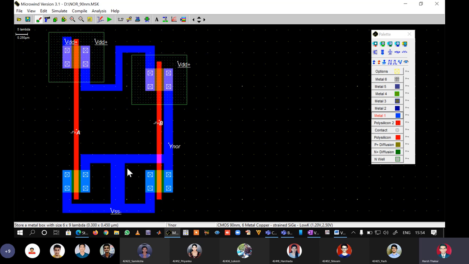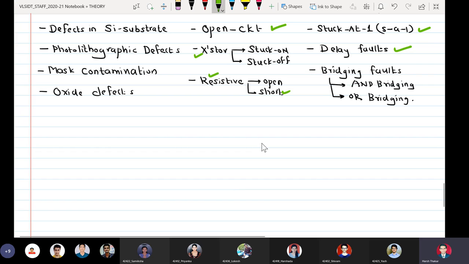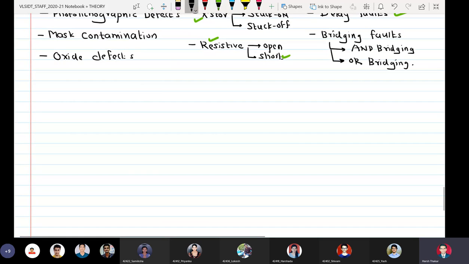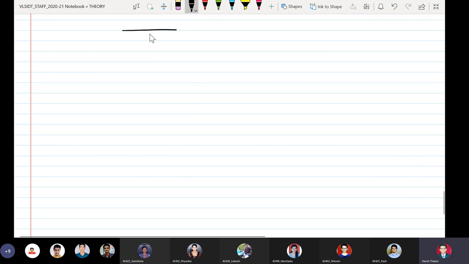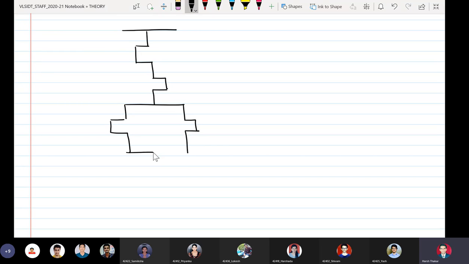I can represent the resistive short like this on paper. Now we can draw the schematic for a CMOS NOR gate like this. So I have P1, P2, N1, N2, VSS.